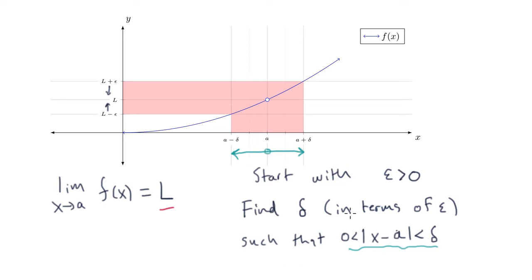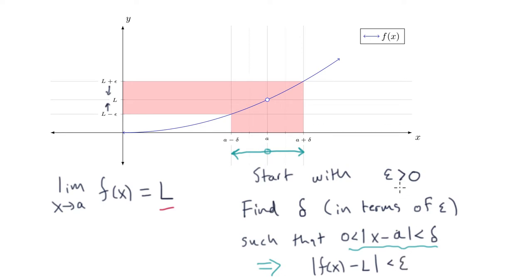Such that if we pick something in this window, then what do we have? The distance between f of x, so evaluating the function at that point, and L has to be less than the original epsilon you gave me.